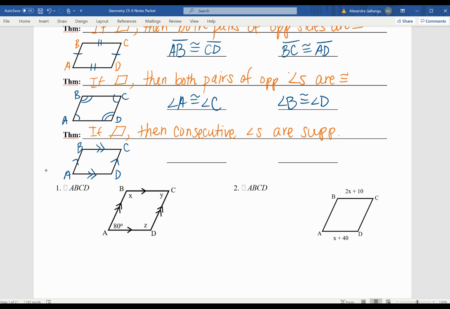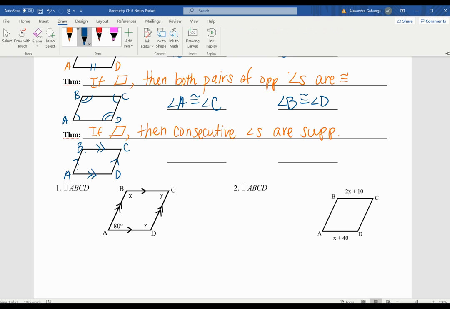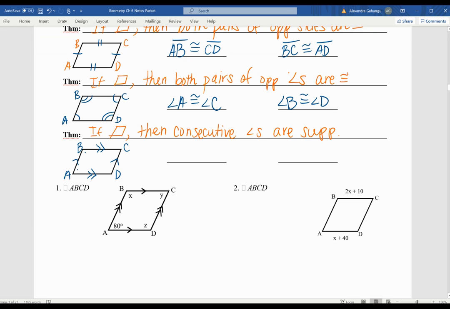Consecutive angles means the ones that are next to each other here, those are going to be supplementary. So angles A and B are going to be supplementary. So the measure of angle A plus the measure of angle B is going to be 180. And if you move around the parallelogram, it'll be the case for all of these.